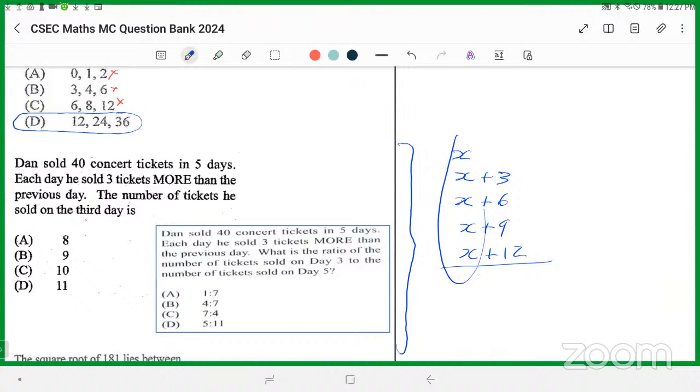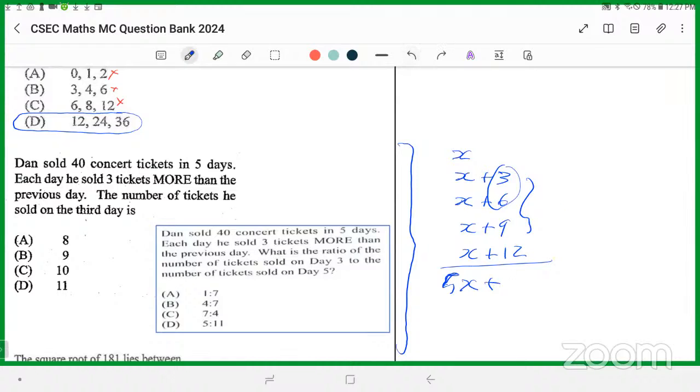This is 5X plus... What is that up to now? This is 9 and 9, 18. 18 and 12 is how much? 30.